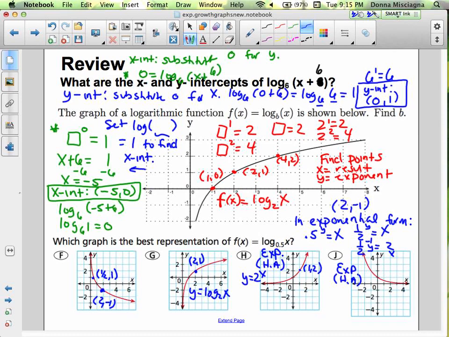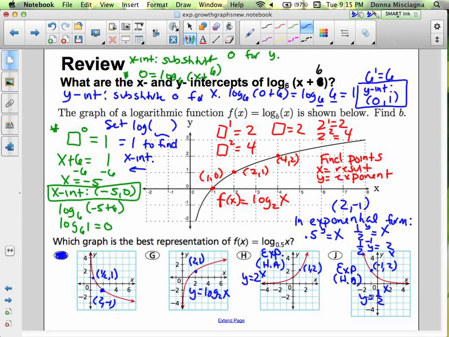Here we have the point (-1, 2), right? So 1/2 to the negative 1 power, that's what would give us 2. This is the graph of y equals 1/2 to the x. All right, so those aren't even log functions. So only the first two, f and g, are log functions, and the correct one is f.